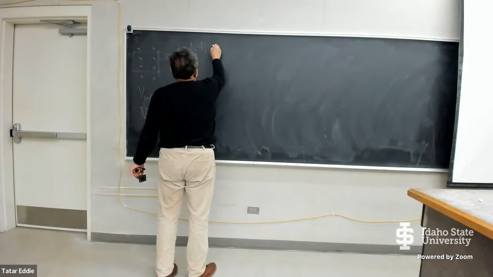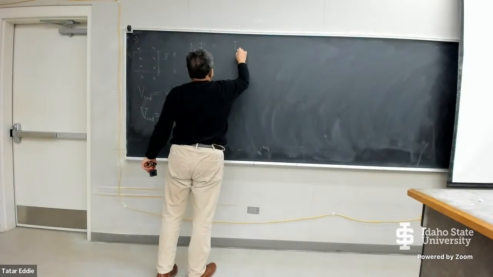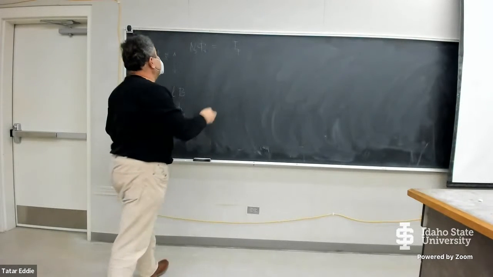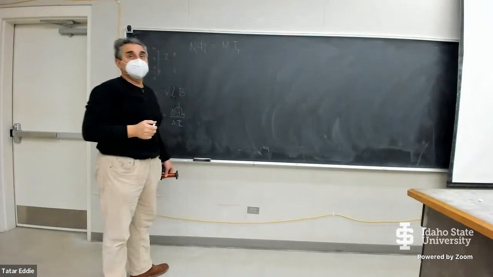That total magnetic flux must be proportional to the current in the primary coil. And the coefficient of proportionality we called the coefficient of mutual inductance.